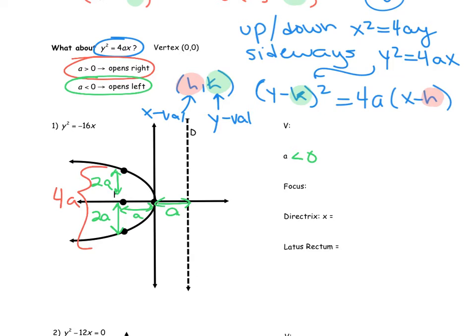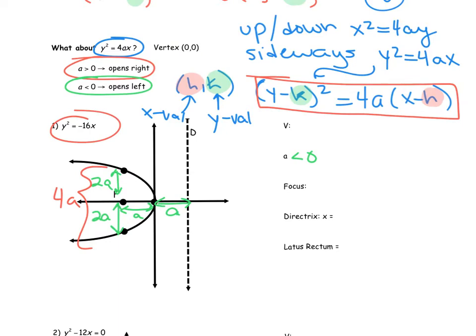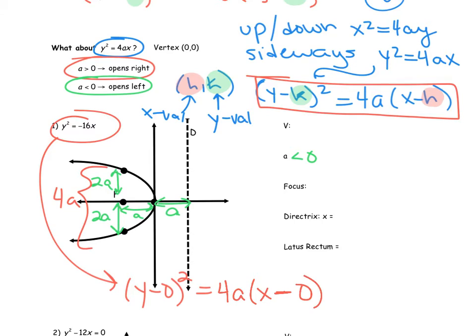Let's come up with what the vertex is using our new formula for a sideways parabola. So I have, from this example, y squared equals negative 16x. We can rewrite this as y minus 0 squared equals 4a times x minus 0. And remembering, this 4a is that negative 16.